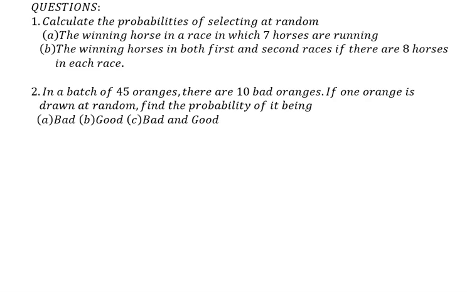Then question number 2. In a batch of 45 oranges, there are 10 bad oranges. If one orange is drawn at random, find the probability of it being: A, bad; B, good; C, bad and good. So let's see how we can work our way around.